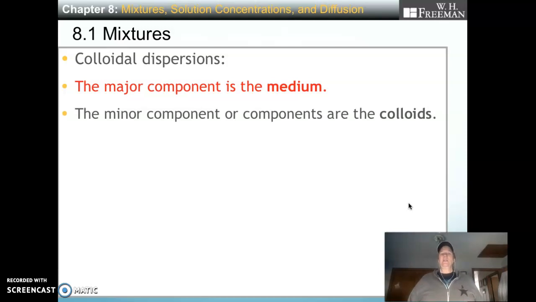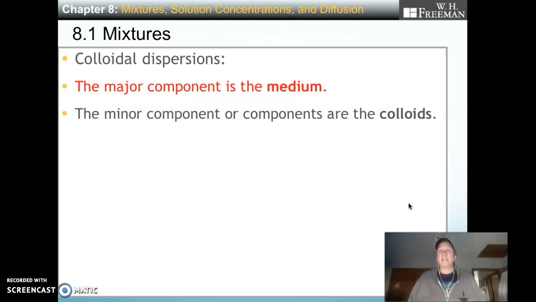The minor component or components are called colloids. And the best way I can describe it is because you have a colloid and the particles are larger, they actually reflect light. An example of a colloid is fog. Have you guys ever been driving in fog? You turn your highs on and it just like, oh, blasted, you turn them right off again because it's too much reflection. In the fog, you have particles that are big enough to reflect the light, and they do it right back to your eyeball, so you shut it off, okay?